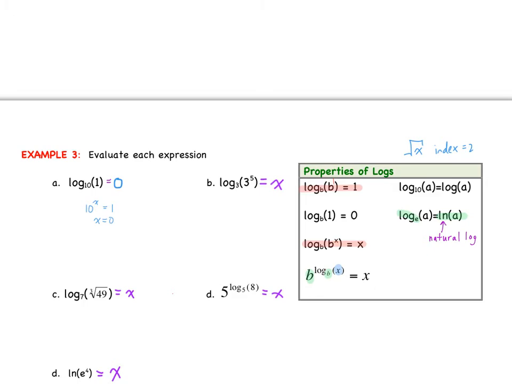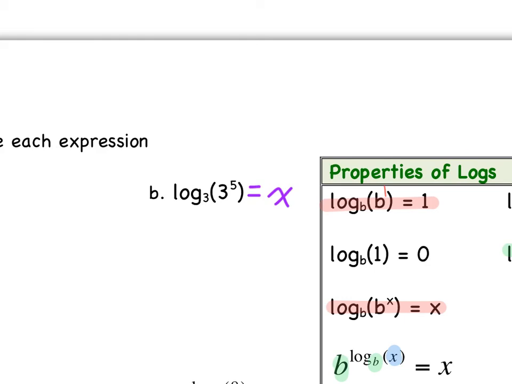Okay, so it should be 5, but one thing we can do, again, is our conversion. If I take my base, 3, raise it to the other side, and set it equal to my argument, which in this case is 3 to the 5th, now we notice, hey, when our bases are the same, we can say, oh, well, x has to equal 5 here.